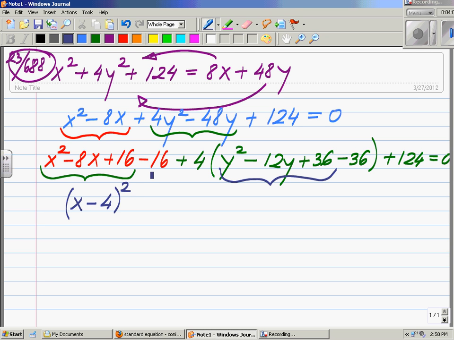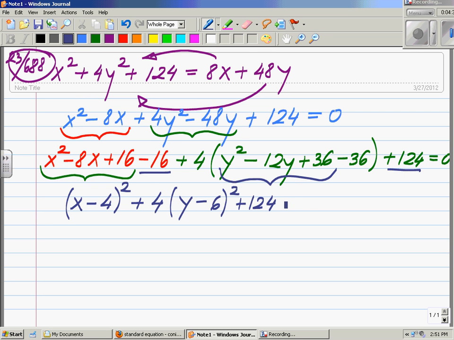I'm going to leave this negative 16 for later, right? And then I have plus 4 times y squared minus 12y plus 36, which is what binomial square? Y minus what? What number squared gives you 36? Minus 6. Everything squared.